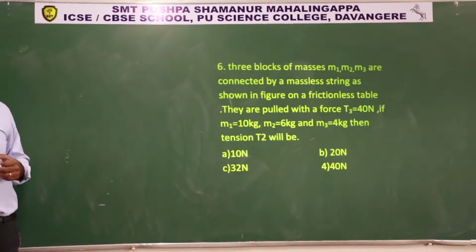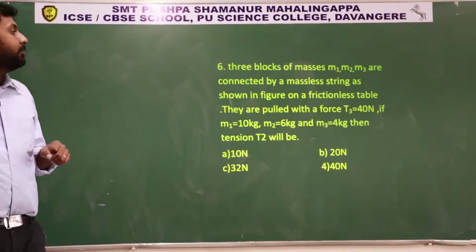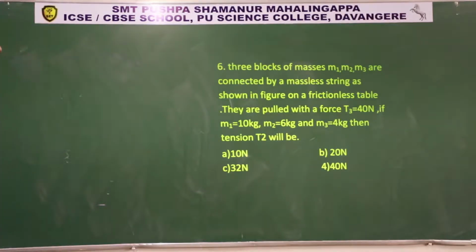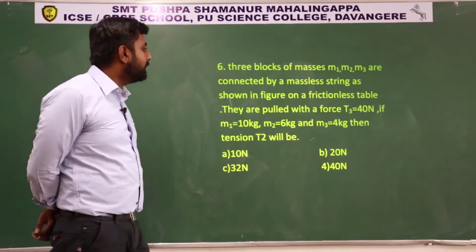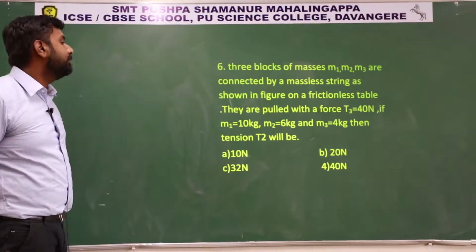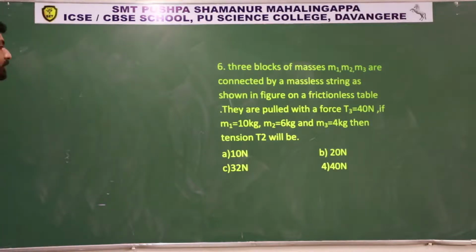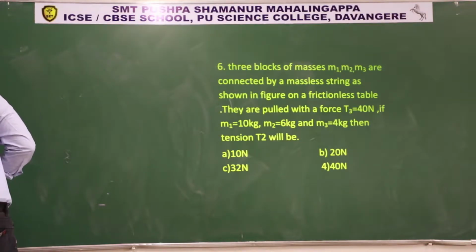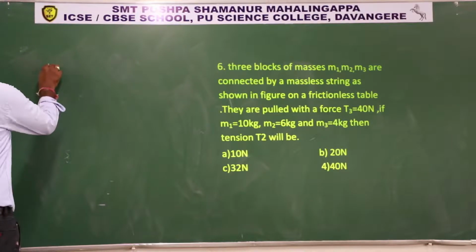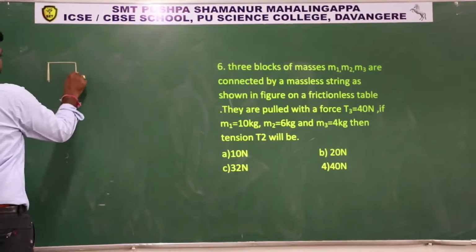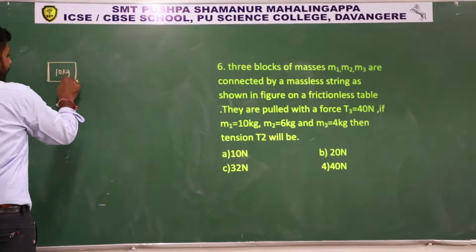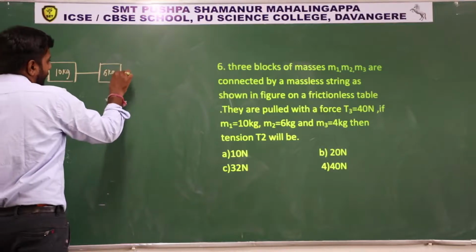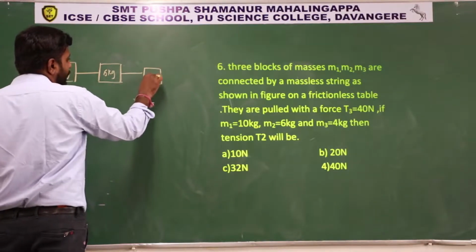And next one, 3 blocks of masses m1, m2, m3 are connected by a massless string as shown in the figure on a frictionless table. They are pulled with a force T3 equal to 40 Newton. If m1, m2, m3 masses are given, tension T2 will be, let us consider this is the diagram. So this is m1 mass 10 kg, and one more mass m2, this is 6 kg, and one more mass m3, that is 4 kg.